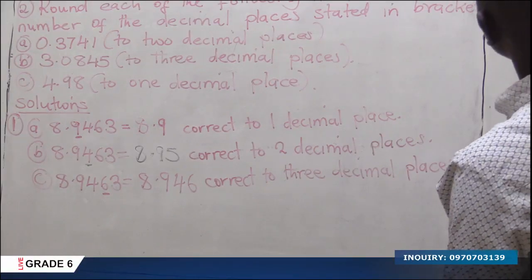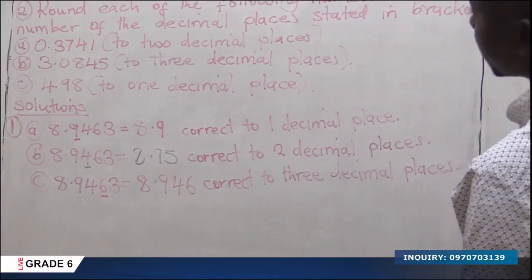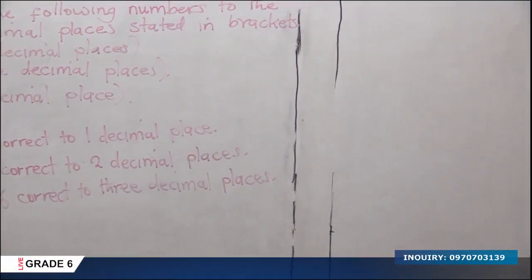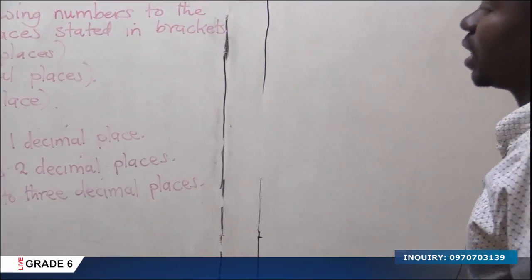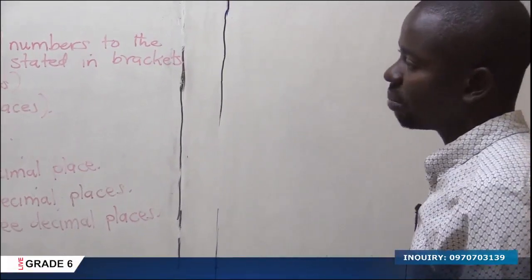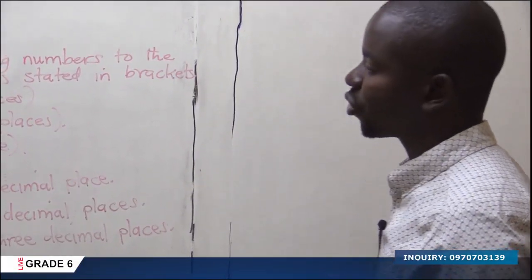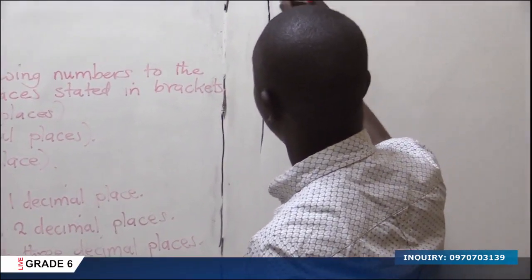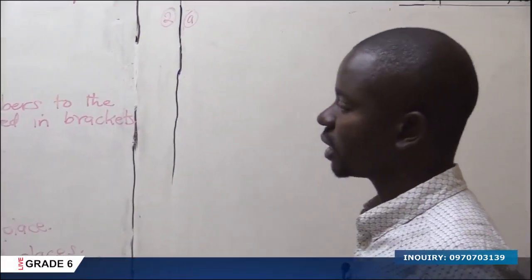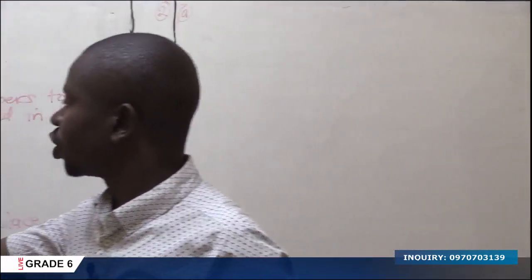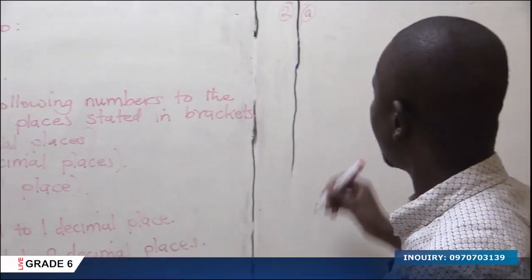Okay, so number 2 says round each of the following numbers to the number of decimal places stated in brackets. For example, we've got 0.3741. We are supposed to round off this number to 2 decimal places.